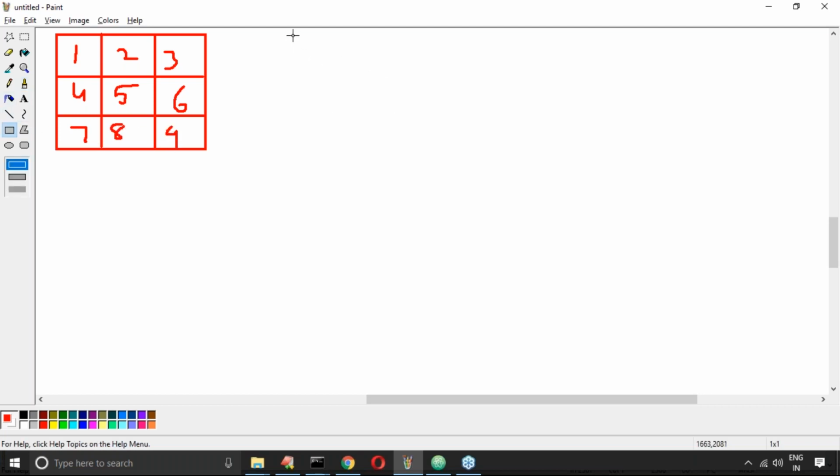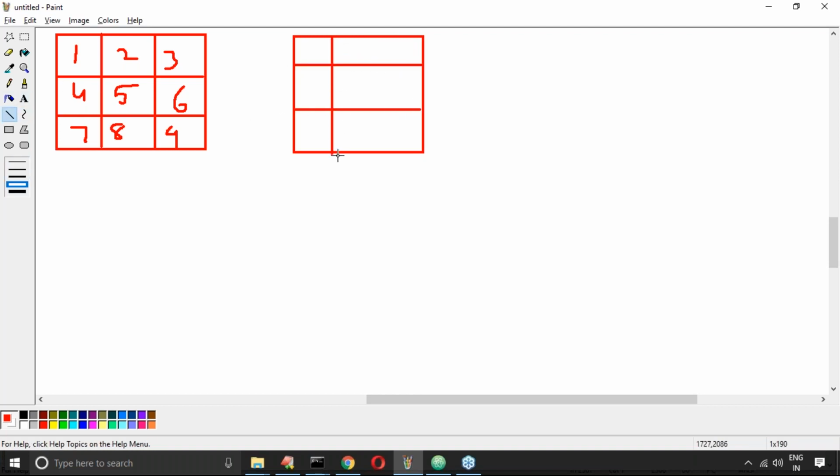Next, another array I'm trying to take. If we consider multiple examples with a pleasant mind, then definitely you are going to get 10, 11, 12, 13, 14, 15, 16, 17, 18.